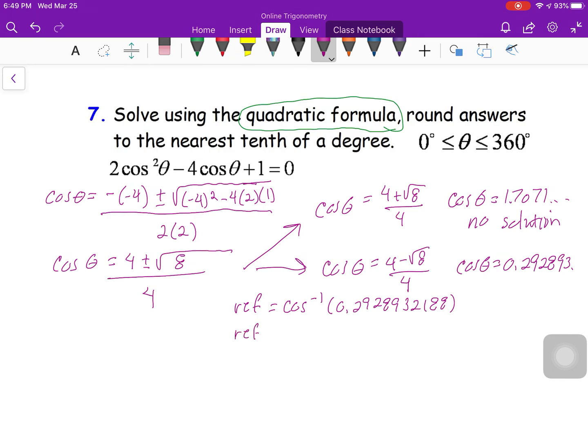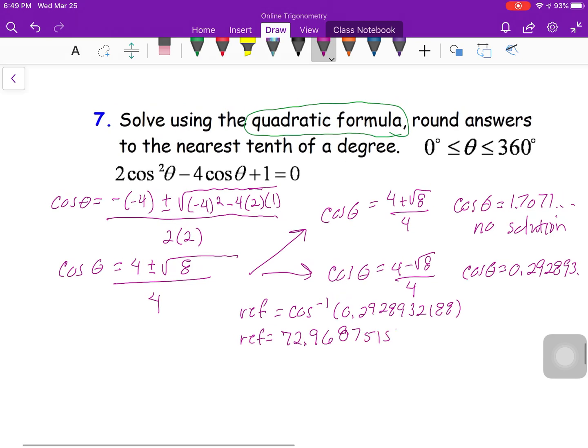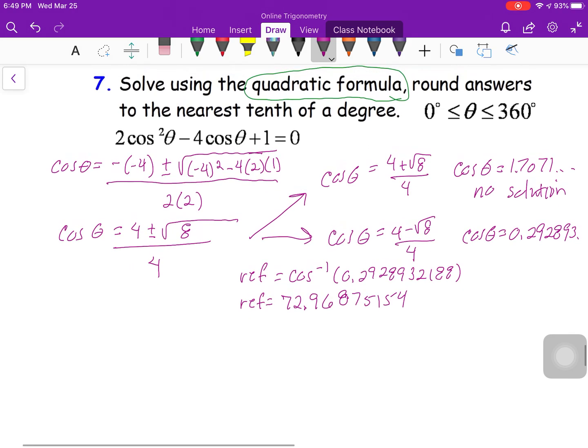And our reference angle then comes out to be 72.96875154. Now, sometimes the reference angle is one of our answers. Sometimes it's not one of our answers.